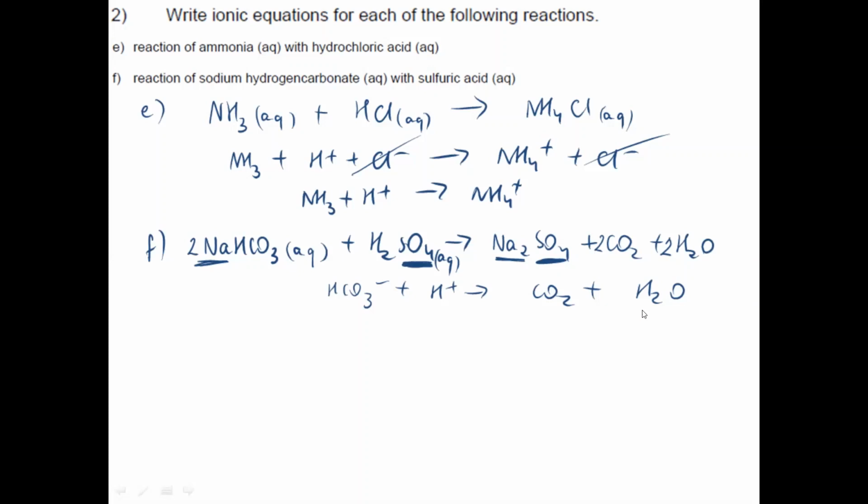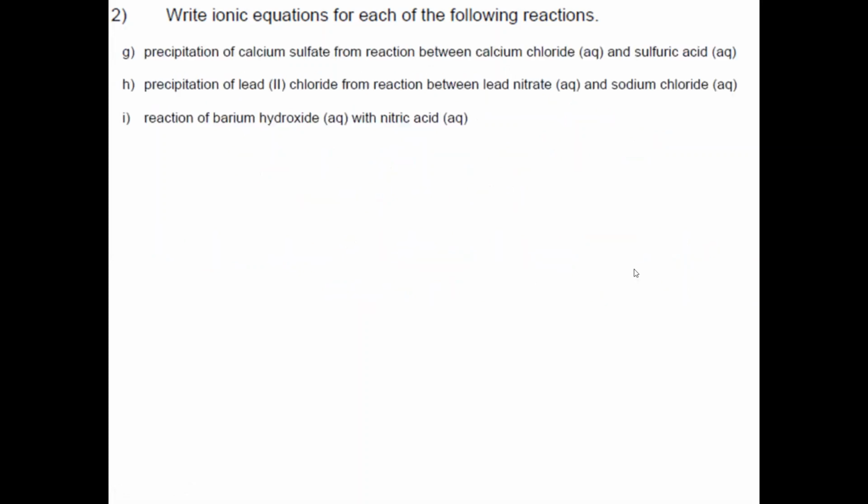Okay, and question G. We've got precipitation of calcium sulfate from reaction between calcium chloride and sulfuric acid. So we know that calcium chloride and sulfuric acid are going to be my reactants, and my product is going to be CaSO4 solid.